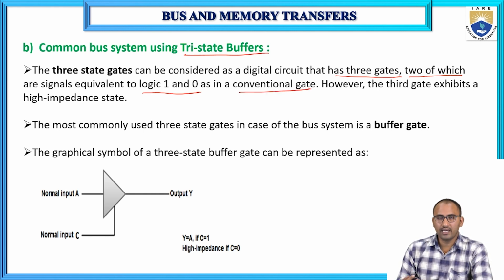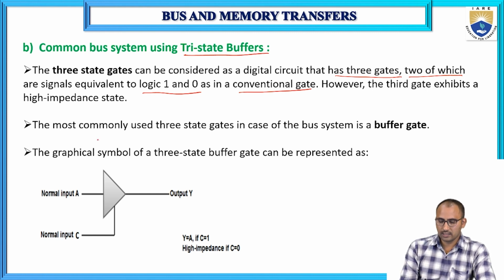If you consider any conventional gate, basically 2 types of signals or levels are there, logic high and logic low. Logic high is represented with 1 and logic low is represented with 0. But here there is a third signal that is called high impedance state. That is a third state. The high impedance state is neither logic high nor logic low.